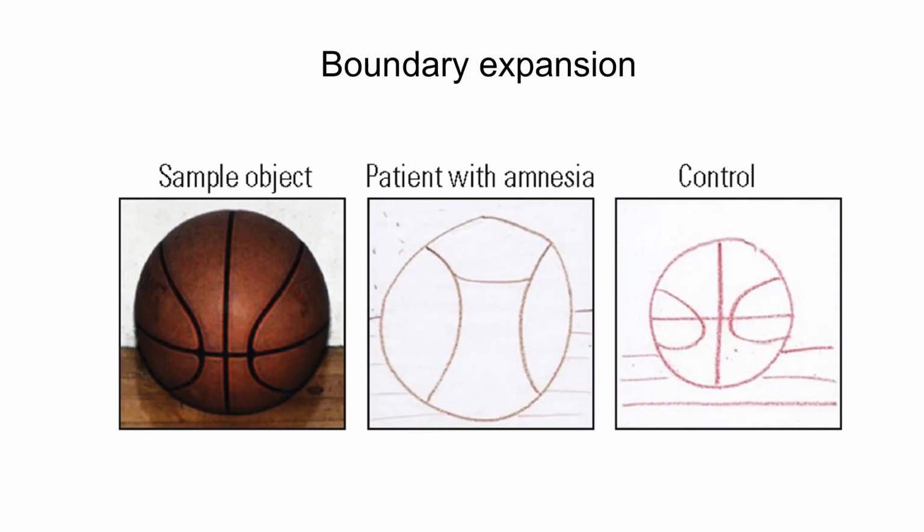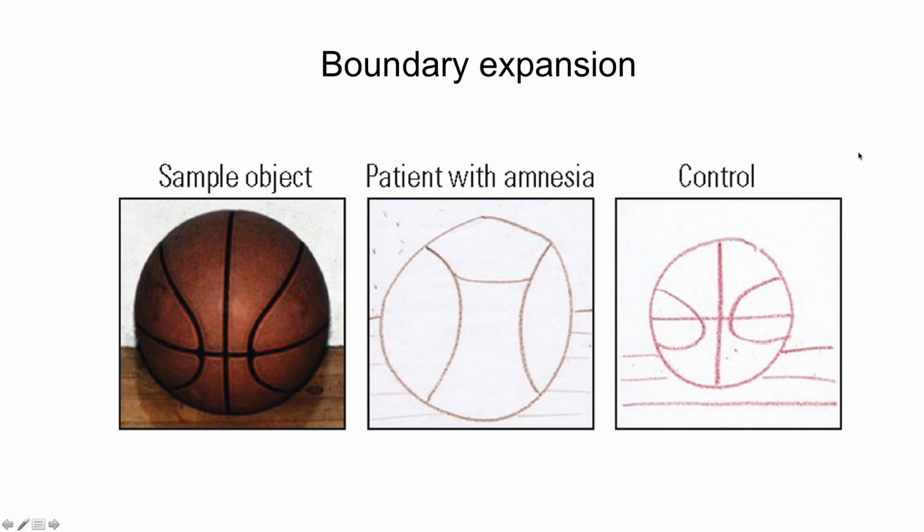Okay, so let's go over another example of boundary expansion. When a participant is asked to draw a copy of a picture, for example, here you can see the basketball, subjects with hippocampal damage produce a much more accurate picture, with no boundary expansion on the sides relative to the size of the border, compared to healthy people.